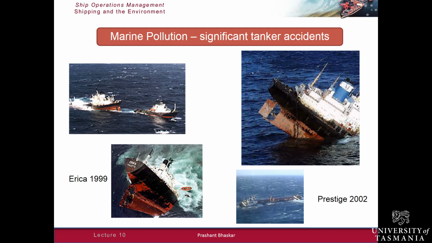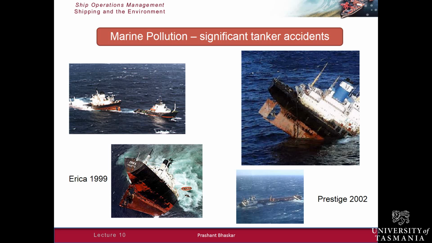There was a lot of pressure on the European Union with accidents like the ones involving Erica in 1999 and the Prestige in 2002. There was a lot of pressure on the European Union to do something about it, but what it decided to do was not to go unilaterally, but to support the IMO conventions in order to control marine pollution.